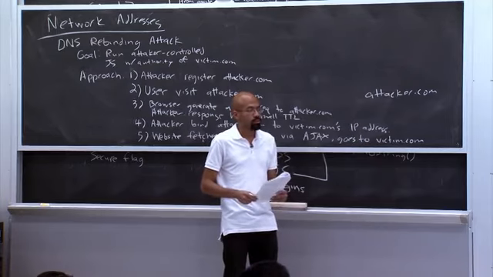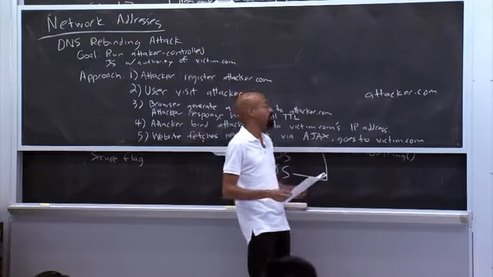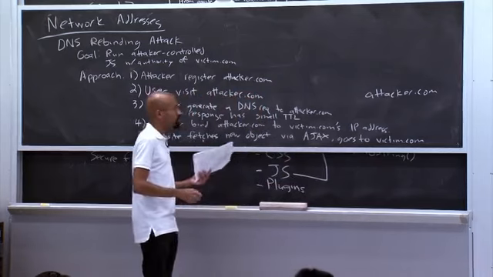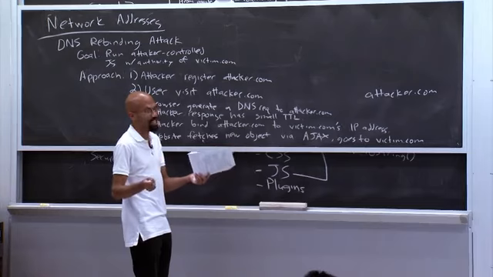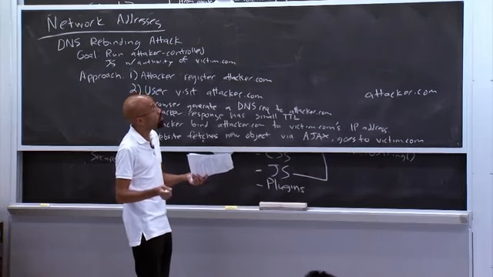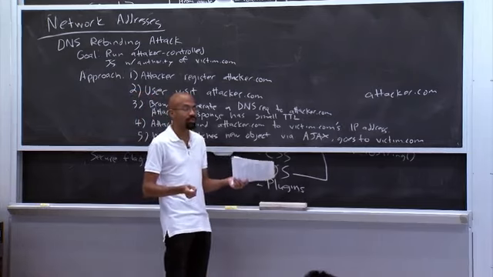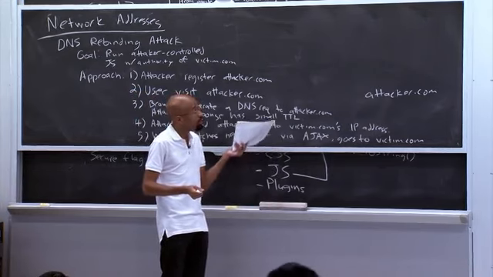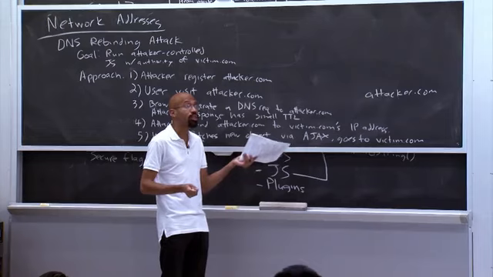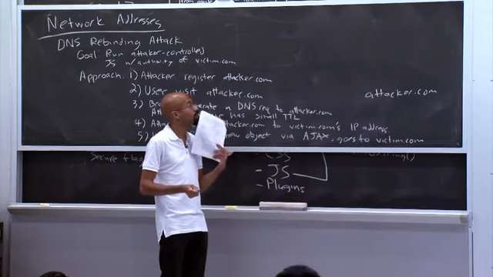Does this work over HTTPS? That's an interesting question. HTTPS has these keys, right? The way you'd have to get this to work with HTTPS is if somehow attacker.com could, let me think about this.